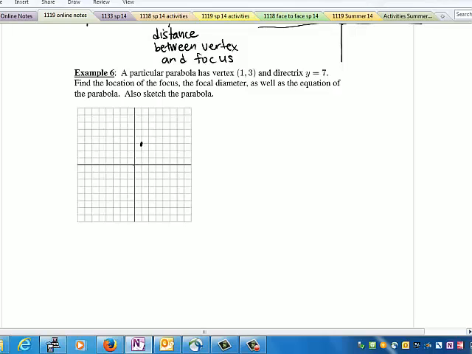The vertex has been shifted 1 right and 3 up from the standard vertex at 0, 0. The directrix y equals 7 shows us that the parabola opens downward, and that means p is going to be less than 0.